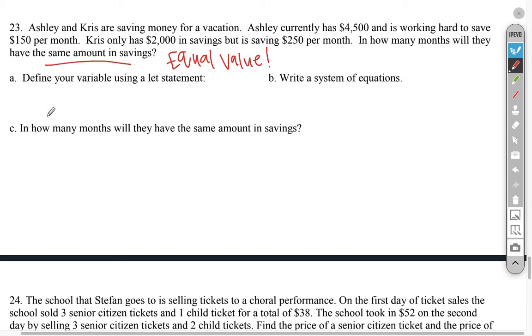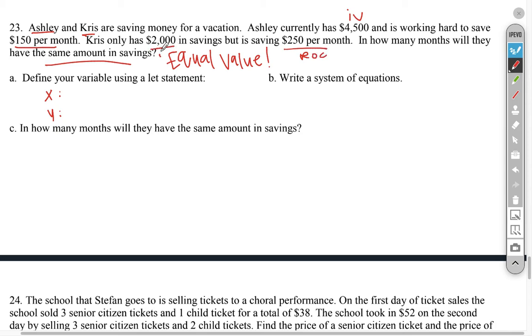So we're going to define our variables first. We've got x and y. All right, so what we're going to be doing here is making an equation for Ashley and making an equation for Chris. So she's got $4,500 and is saving $150 per month. Anytime you see per, that's a rate word. So this is our rate of change. This is our initial value. This is our rate of change.